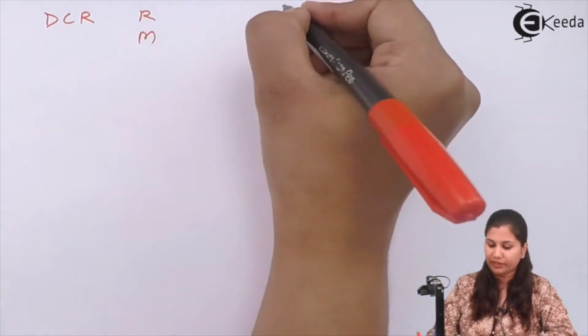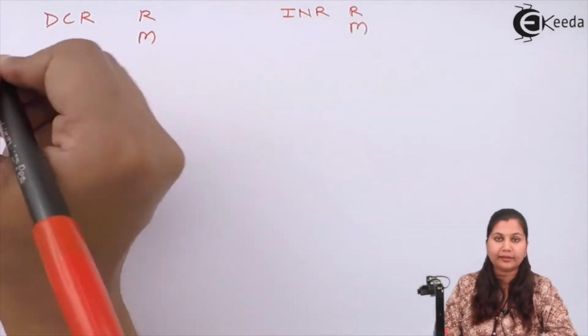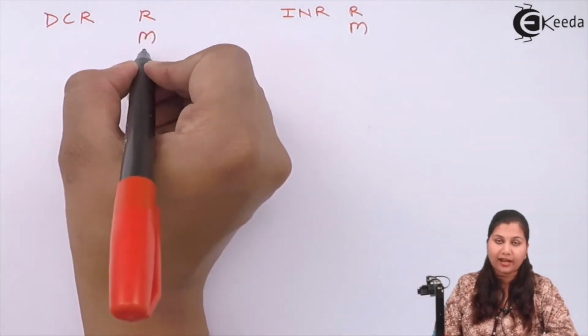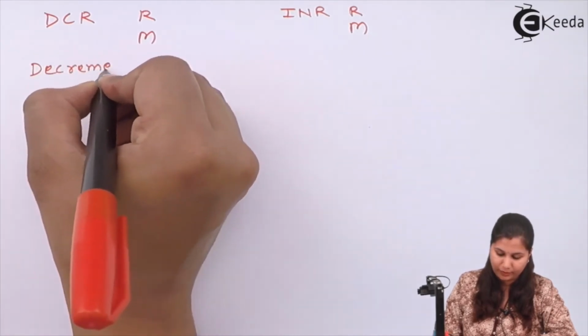Just as we were having INR R and M for incrementing, here we have DCR R and M for decrementing the register or memory by 1.